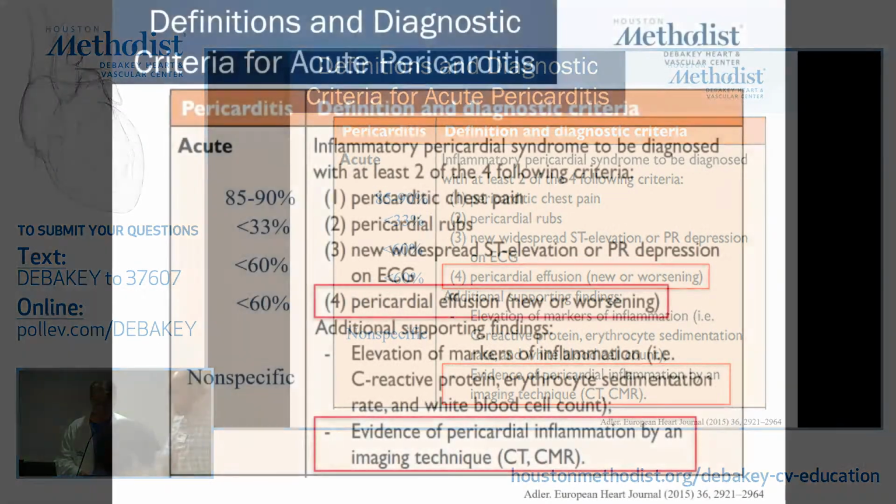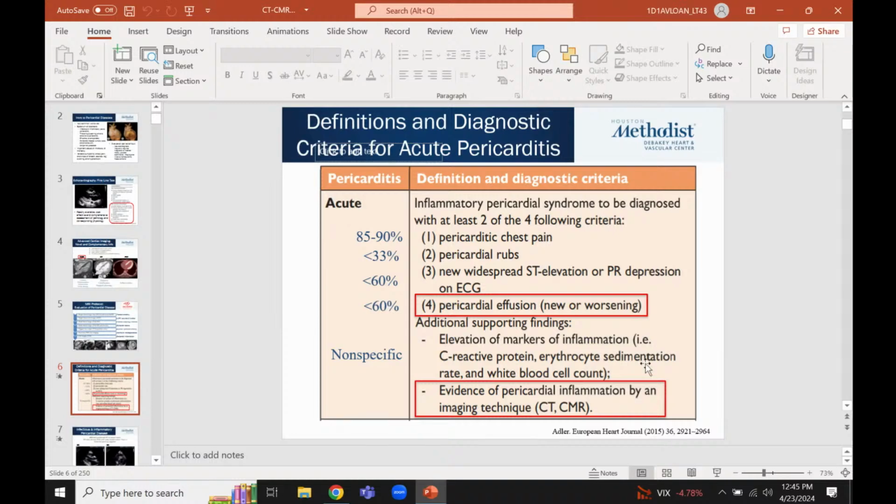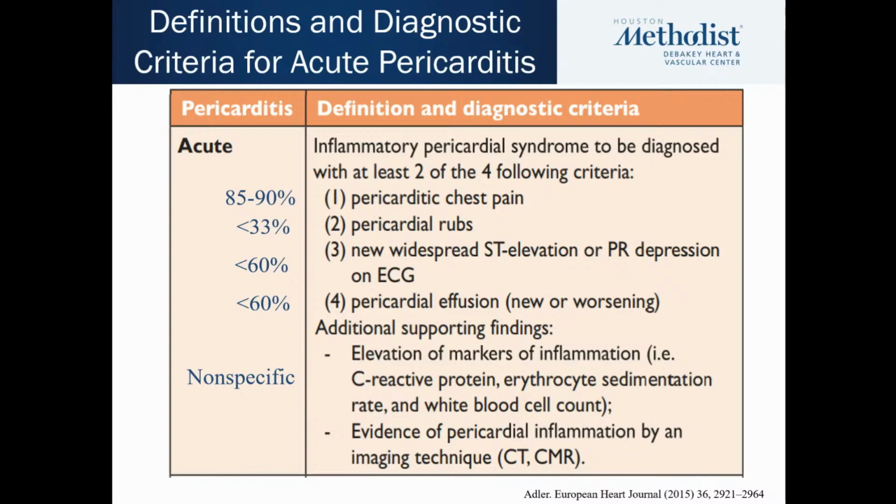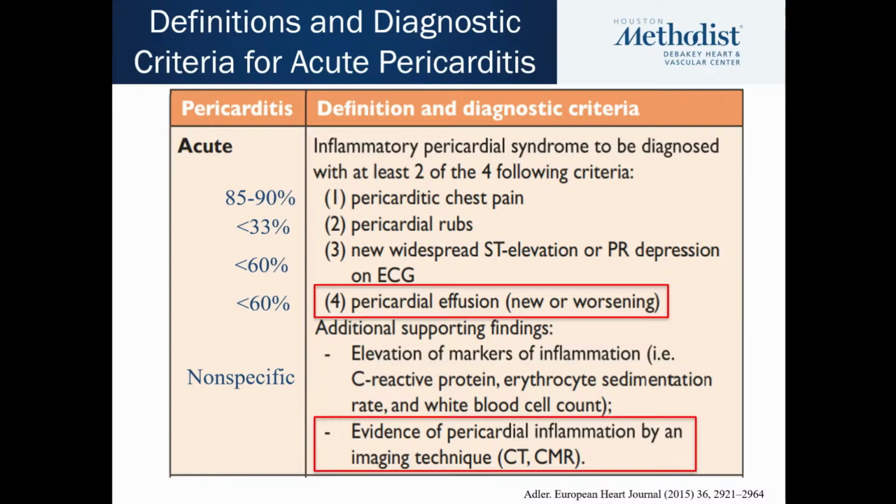So on the left side of the screen, you'll notice that for patients having those typical chest pain symptoms, most patients will present with that. Pericardial rub, if you're in the emergency room in a very loud environment, you may not hear it. Plus, only 1/3 of the patients will have it. What about EKG changes? Believe it or not, less than 60% will have this.